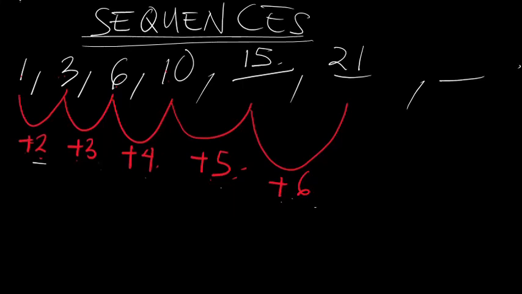Now let's get the last additional 3 terms. Now you add plus what? 7. So plus 7 to 21 will give us 28. So this is how the next 3 terms can be gotten.